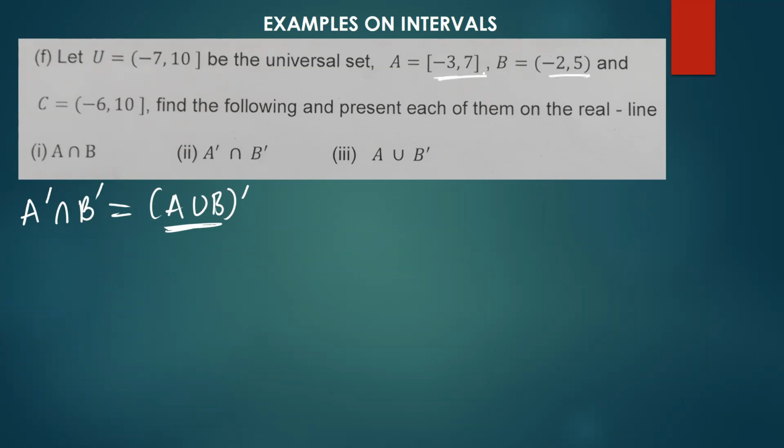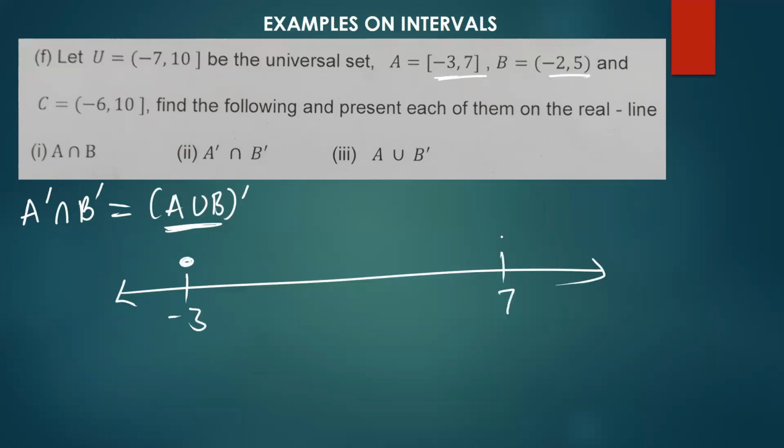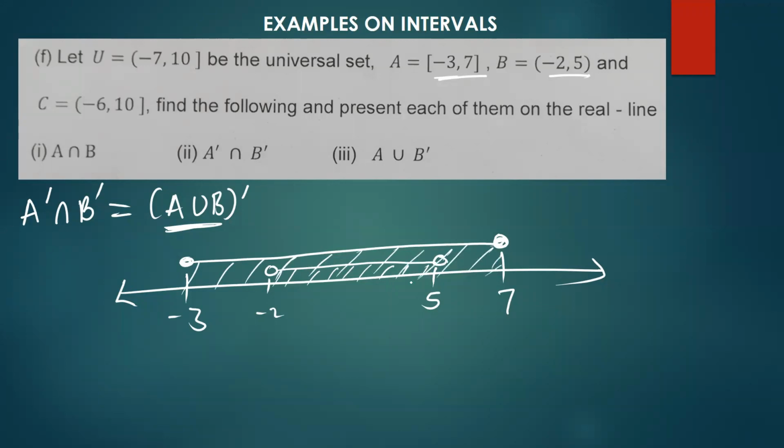When you add these two sets, we have set A from -3 to 7, and set B from -2 to 5. Addition of two sets means we add this set to this set, and the resulting set is what is inside there.